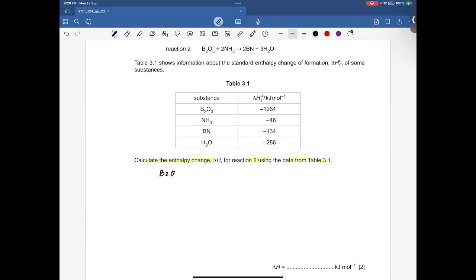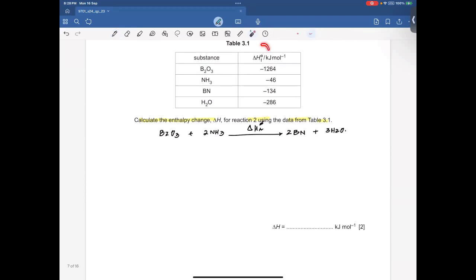This is B2O3, then ammonia molecule, giving 2BN plus 3H2. And delta H of reaction we need to find out.